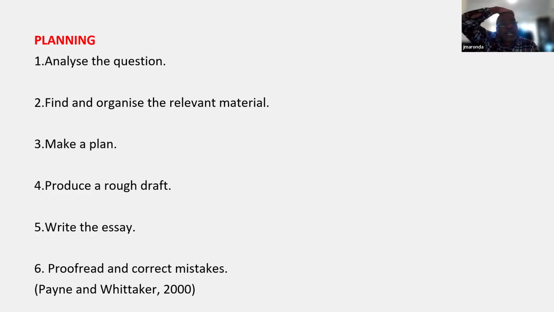Maybe you might want to start with a discussion of the medical model, followed by criticism of the medical model. Then you want to suggest some alternative models like the social model or biosocial, which is a combination of the medical and the social model. So having done that, you can then produce your draft and begin writing the essay.